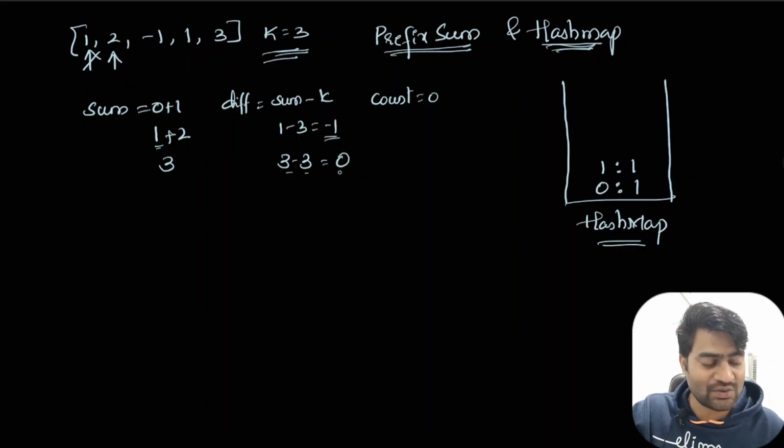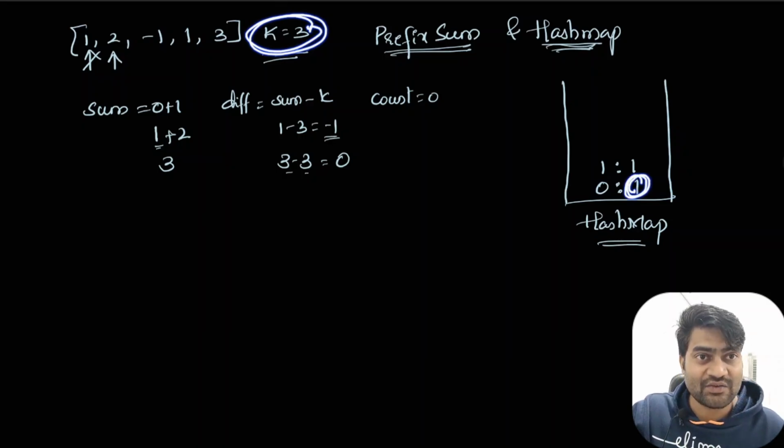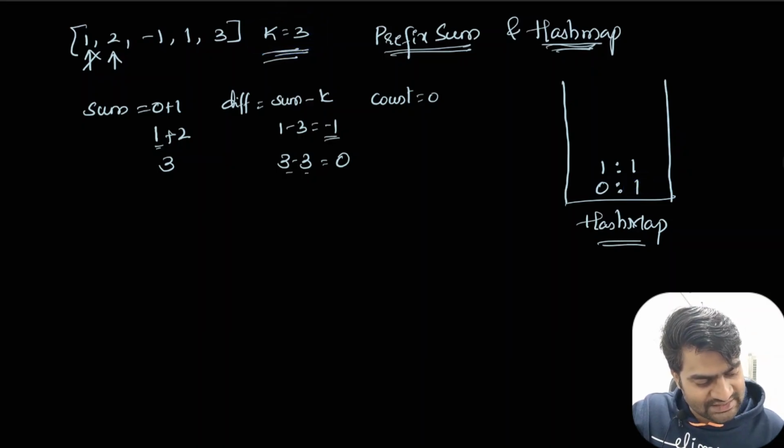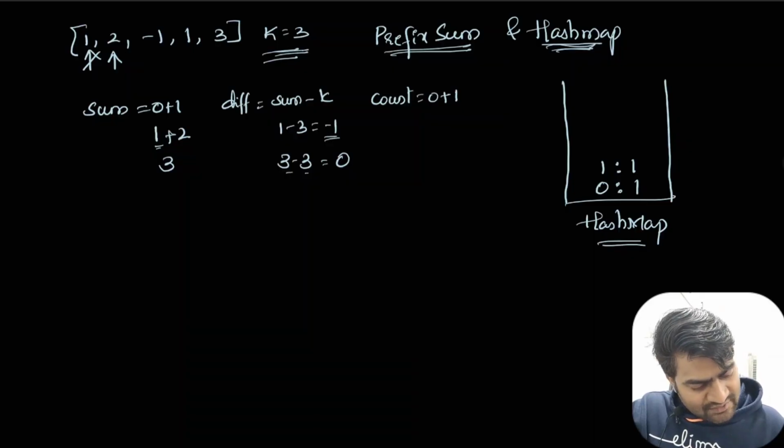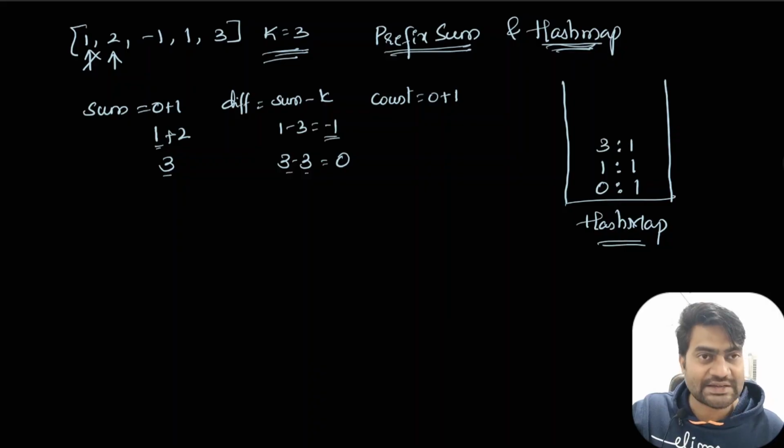If this is 0, and there exists a 0 in our hash map, it means there is one subarray which gives us k equal to 3, right? So now we need to consider this for our final count. So I will add it to my count. Now I will push this 3 to my hash map. So 3 is appearing once till now.